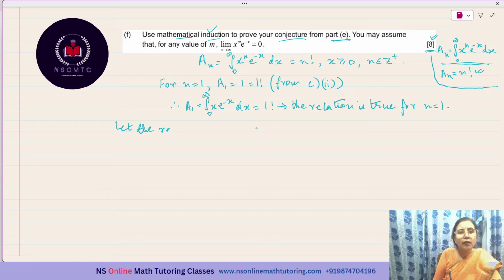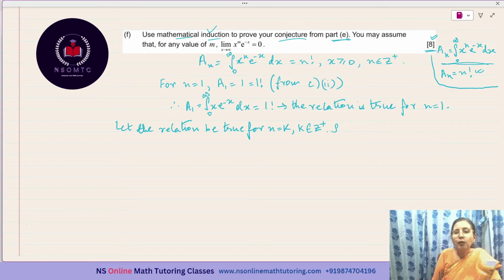Okay, let the relation be true for n equal to k, where k belongs to the set of positive integers. Okay, so ak equal to the integral from 0 to infinity of x to the power of k e to the power of negative x dx should be equal to k factorial, because now n is equal to k.